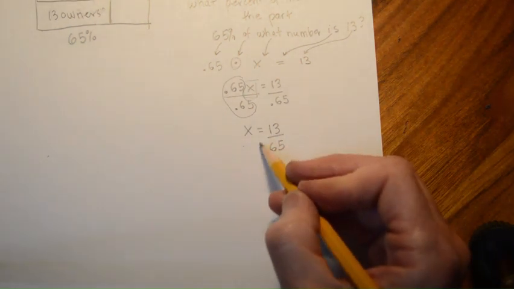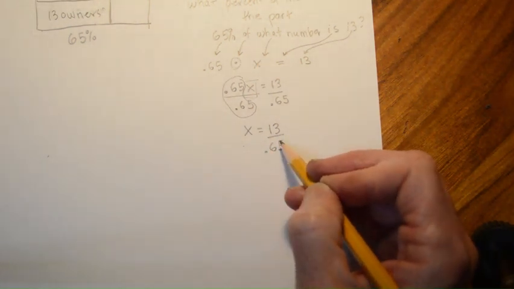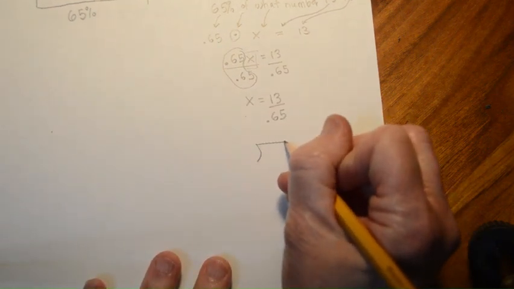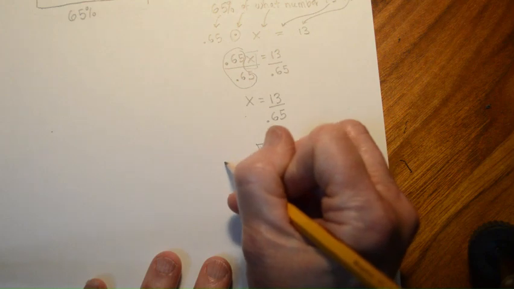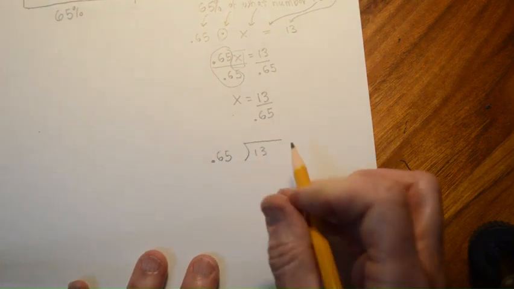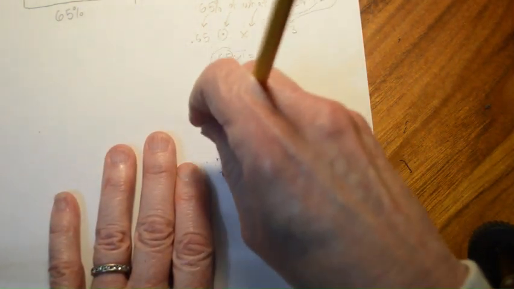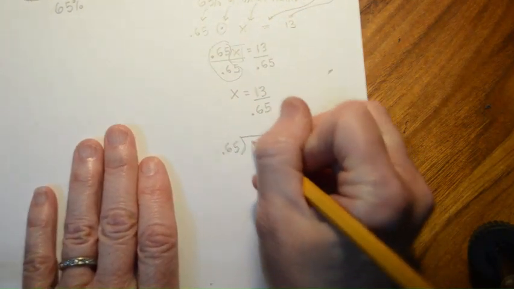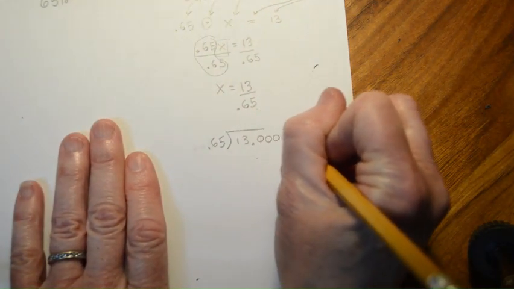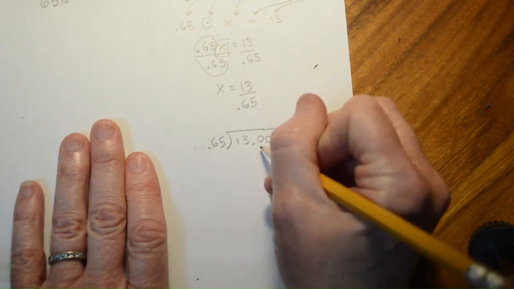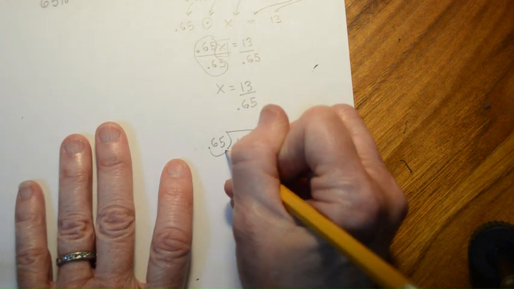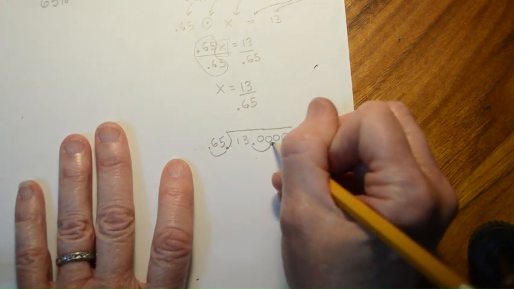All right, now I'm going to translate this into a number, and I do that by division. So inside goes the 13, outside goes the 0.65. I just put extra places because I don't know if it's going to end up being a whole number, in which case we don't need these two.